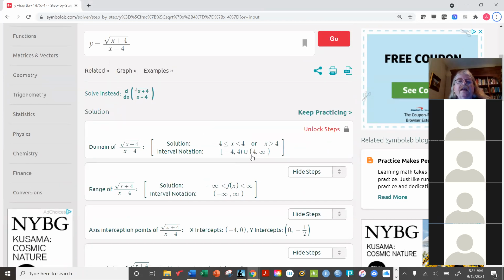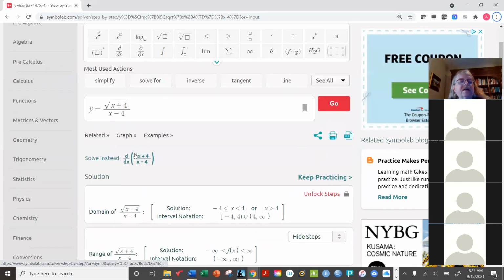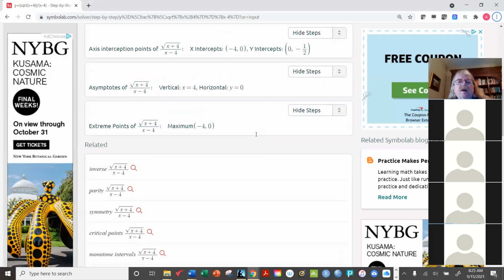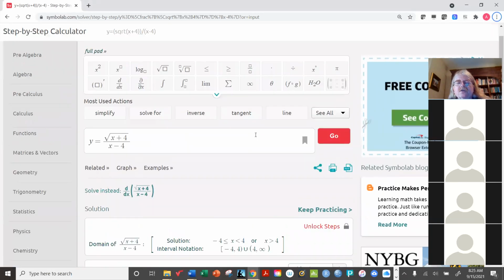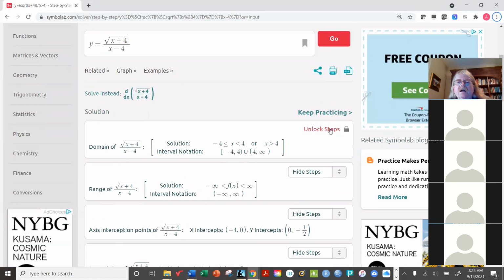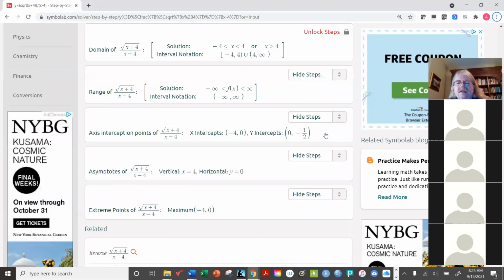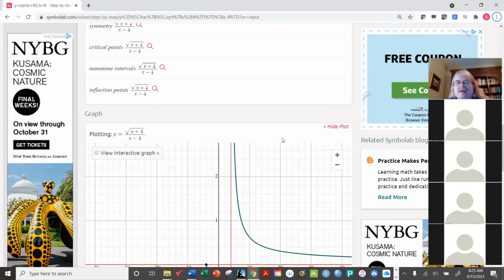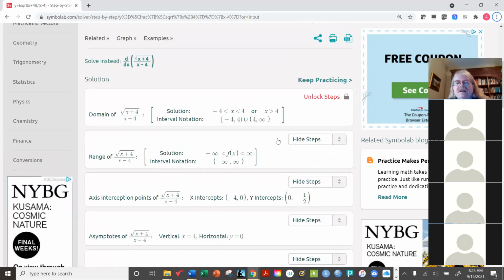Now, here's why this website exists, by the way. You see there's a million ads on it, which is, of course, normal these days. But if you were to pay for an annual subscription, you see how it says unlock steps? This is what they're hoping you will do. You'll say, I like this so much that I'm willing to pay for more details.